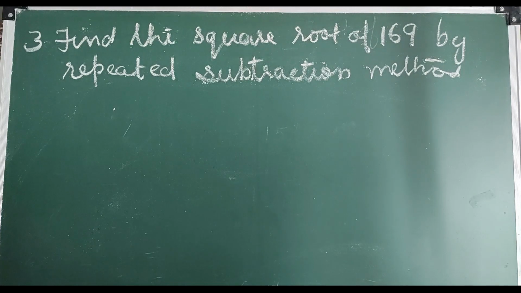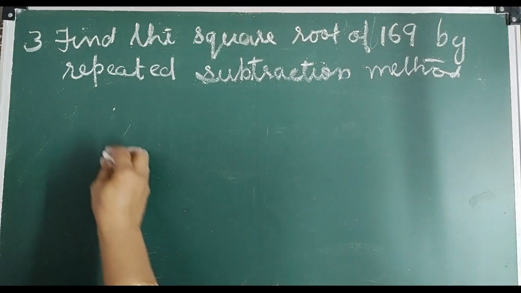This method can be used to find the square root of small natural numbers. As we know that every square number is expressed as a sum of successive odd natural numbers starting from 1.